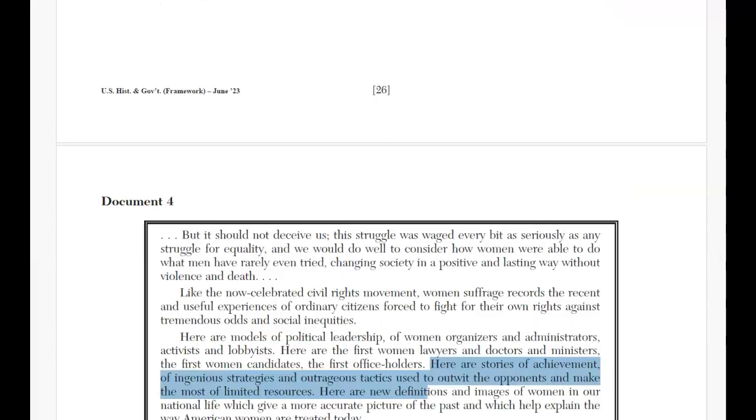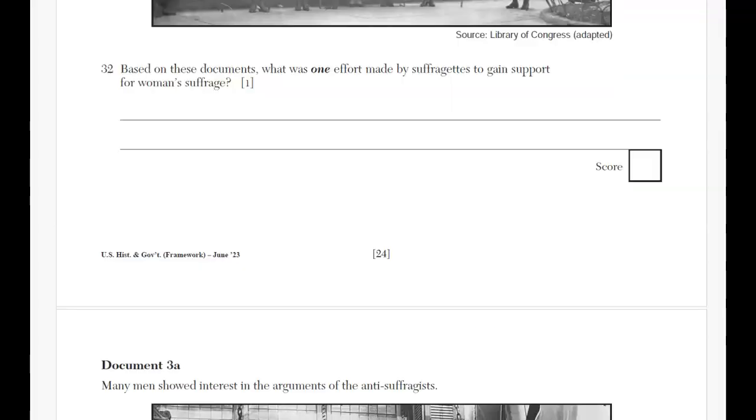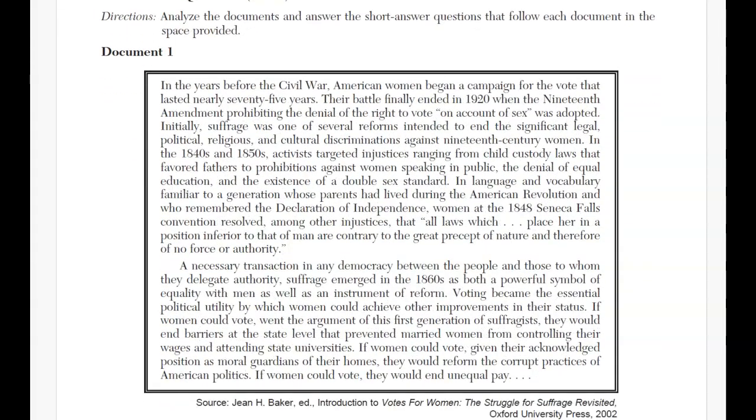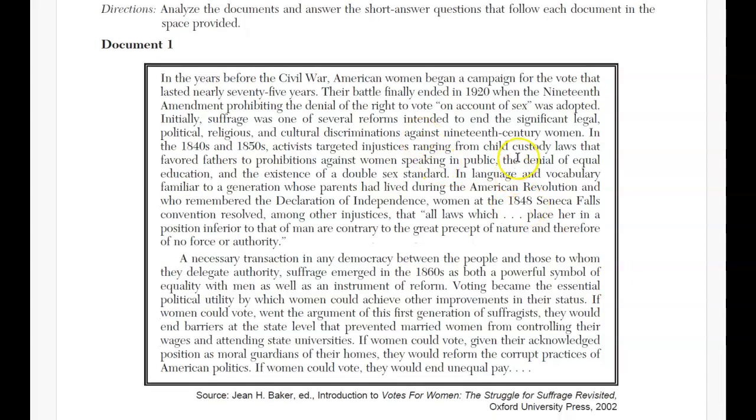You have to talk about historical context. So outside information you might know, let's say you know that there were women in the Revolution who were arguing for voting rights back then. You talk about the situation they're facing with child custody laws and discrimination in education from document 1.